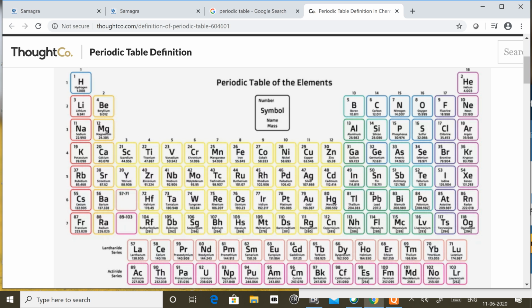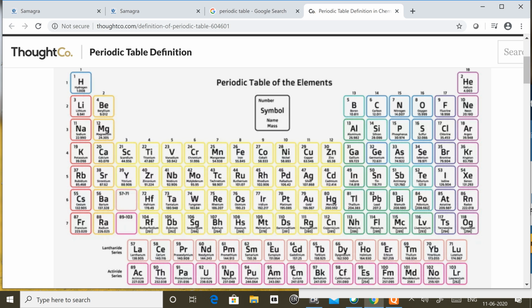And come to the 18th group, neon, atomic number is 10, that means it contains 10 electrons. One more example, rubidium, its atomic number is 37, that means it contains 37 electrons.